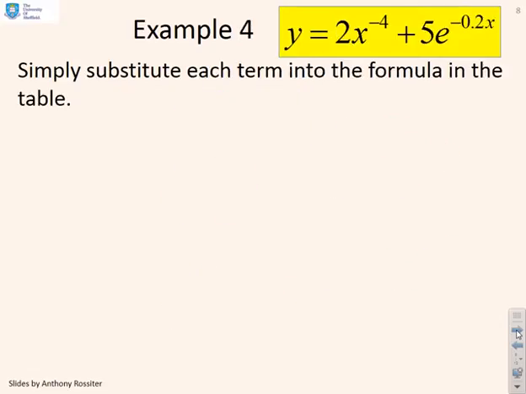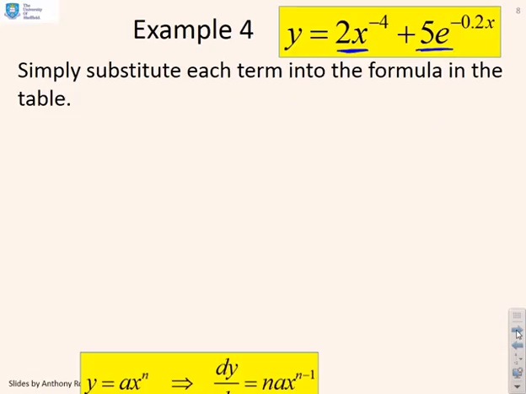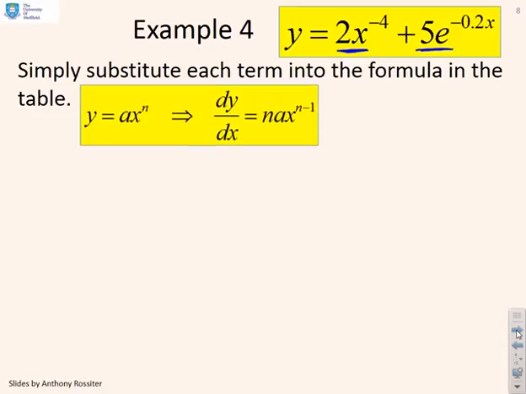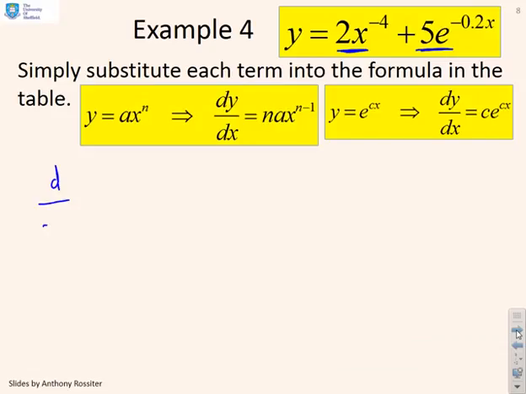Example 4. So again, this is focusing on the superposition, and you look at the two terms and you see I've got a polynomial term and I've got an exponential term. So for the polynomial term, I use this formula from the table, and for the exponential term, I use this formula. So I can write that d/dx of 2x to the minus 4, and here I'm going to do it a bit more quickly.